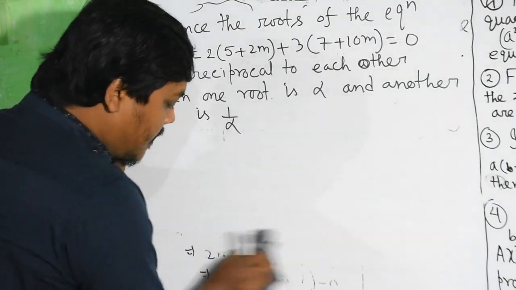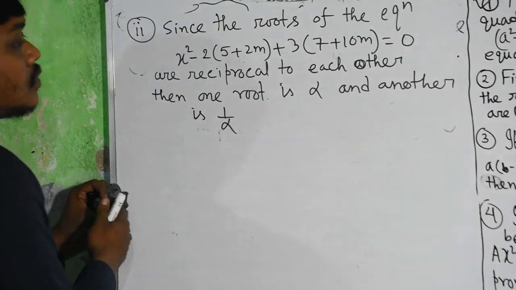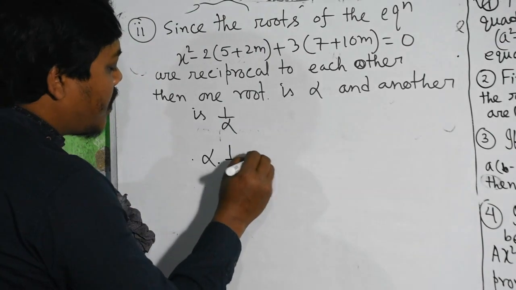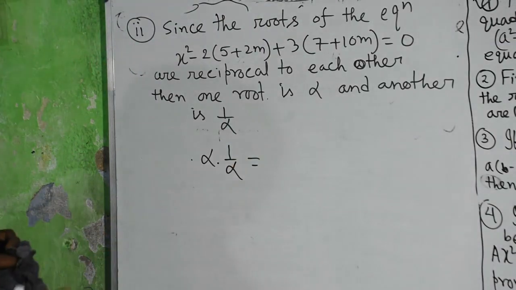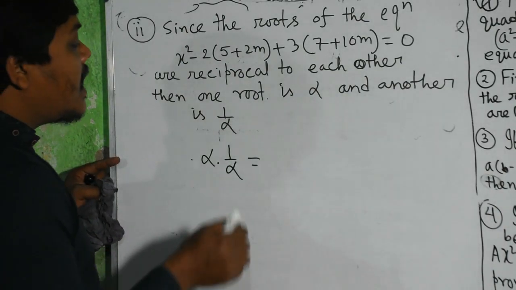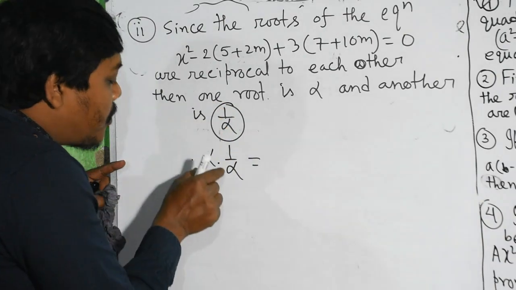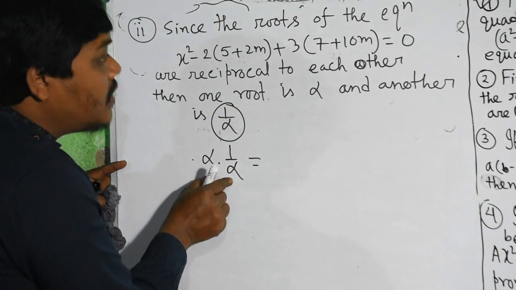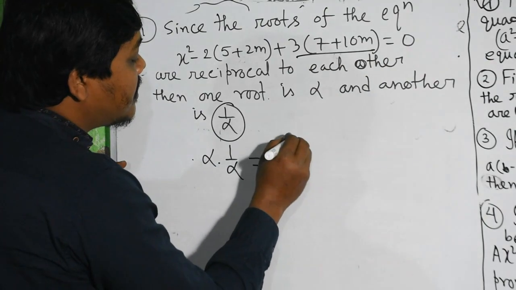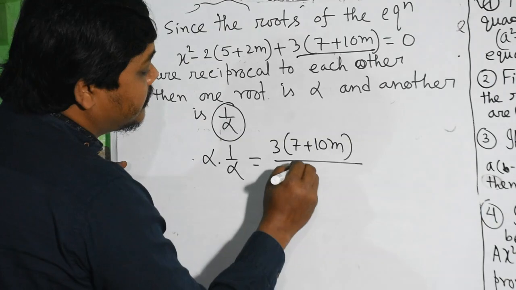so they are reciprocal to each other. Okay. So we know what is the product of the roots, alpha into 1 by alpha. We have already discussed it in the first part. Alpha into beta equals to c by a. Here alpha equals to alpha and beta equals to 1 by alpha. So the product of the two roots, alpha into 1 by alpha, equals to c by a, 3 into 7 plus 10m by 1.